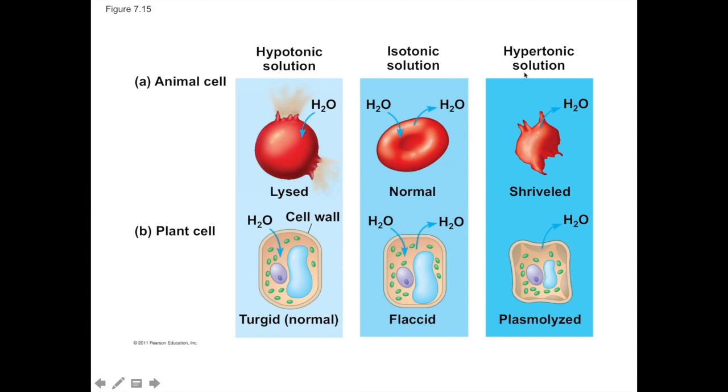Okay, in a hypertonic solution, so imagine this is a very concentrated solution of salt. What's going to happen is it's going to pull water out of the cell and it's going to shrivel. So this is what you don't want. This is why you don't want to have hypertonic saline in your veins, because it's going to damage your red blood cells also by shriveling them up, by pulling water out.